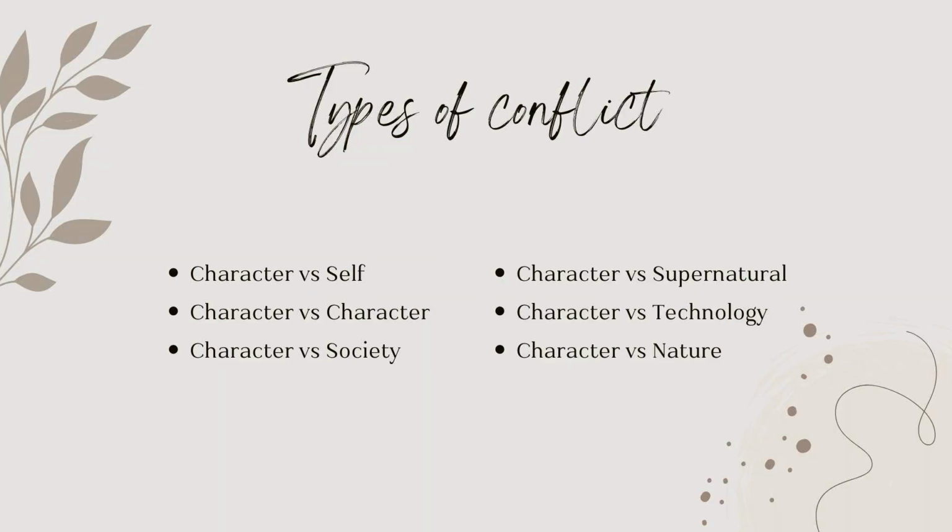And then lastly, there is character versus nature. You know those end of the world movies, like the one 2012? Just any natural disaster, a tsunami, a tornado, a massive earthquake, forest fires, anything relating to a natural disaster falls in this category.